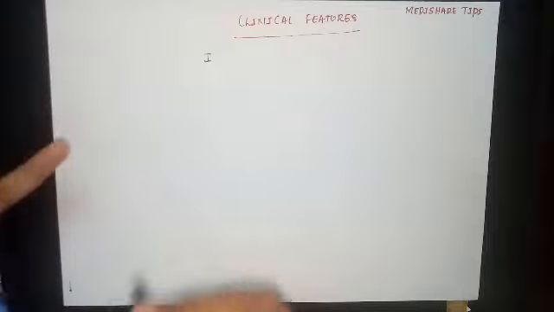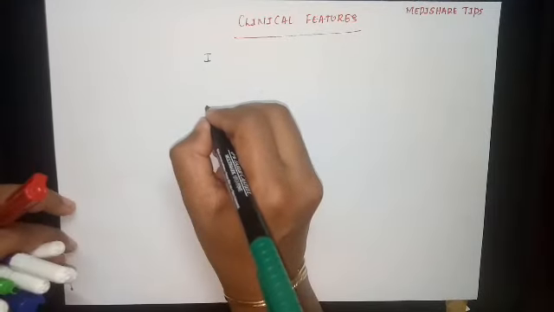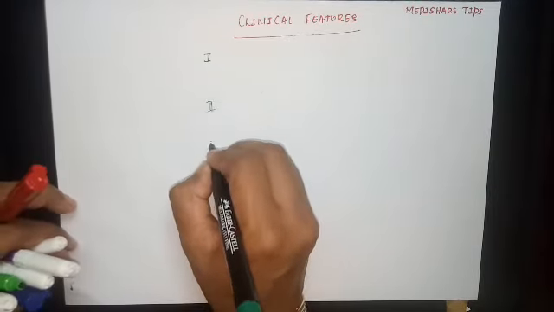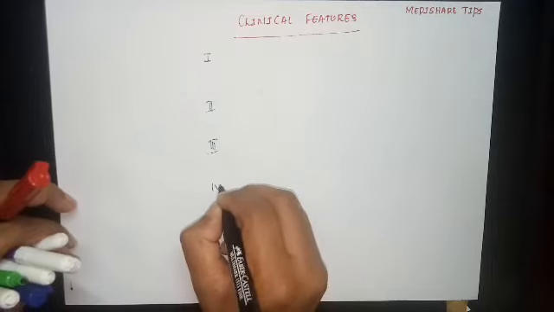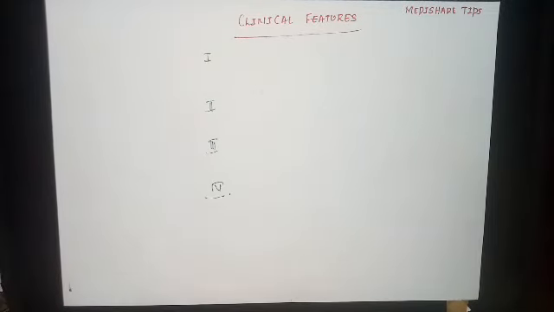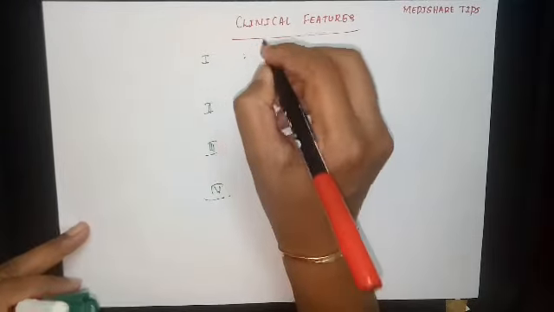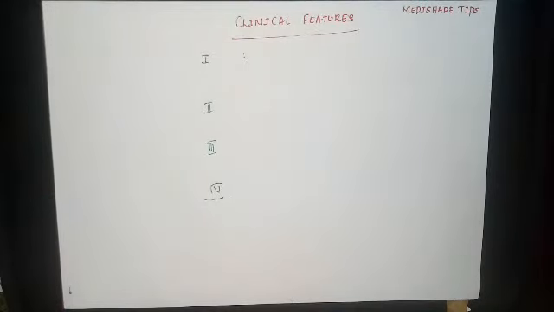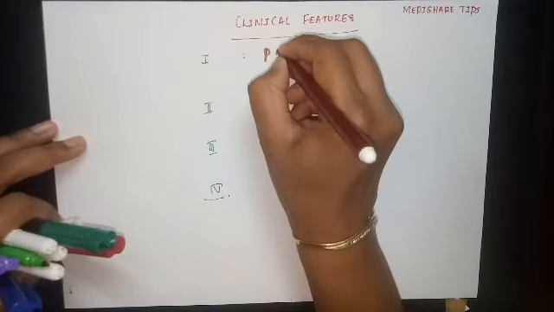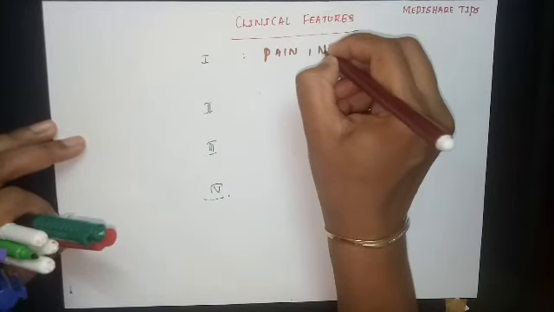Patient can present to you at any stage. In stage 1, the patient will be having pain which is not localized to the distribution of the median nerve. Pain not localized.